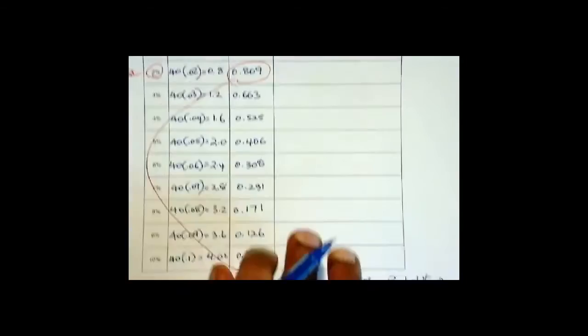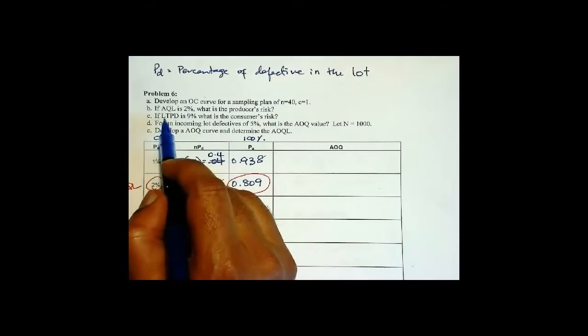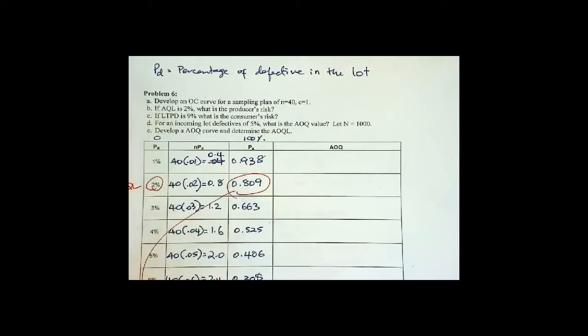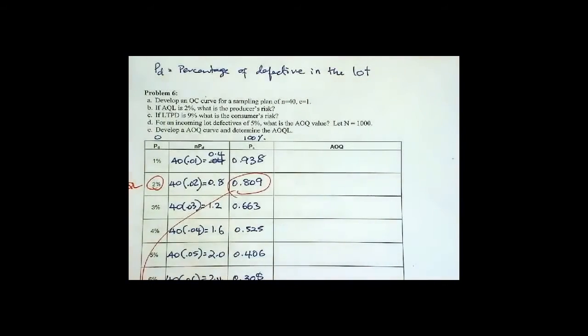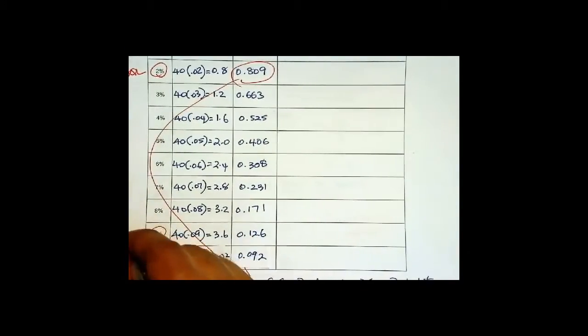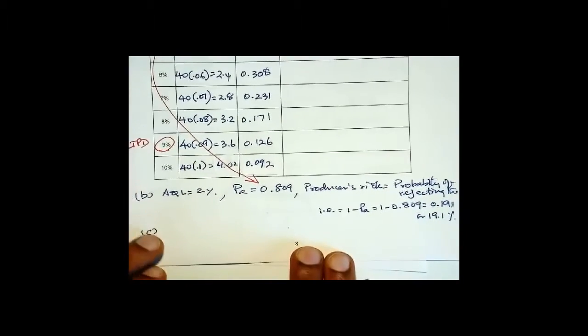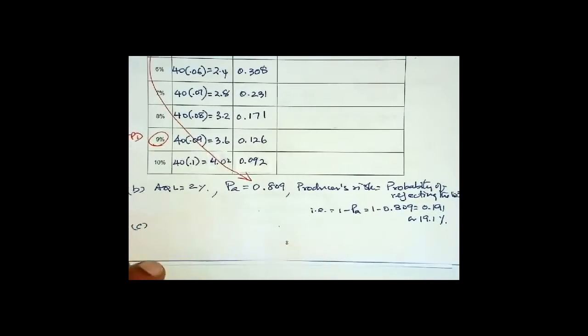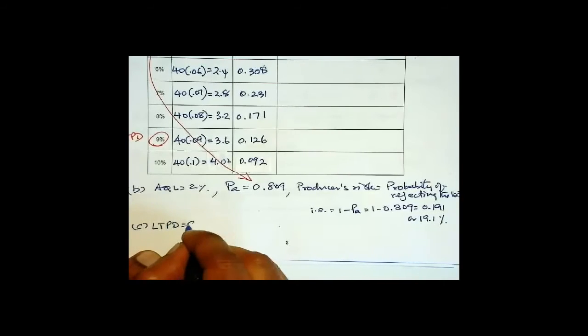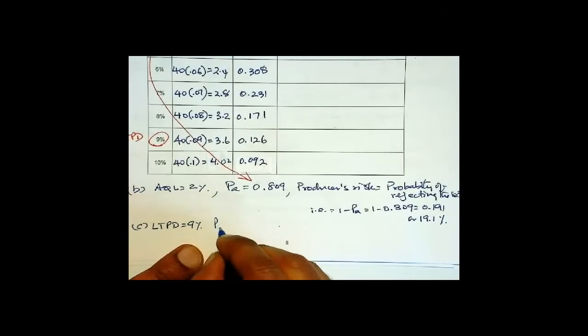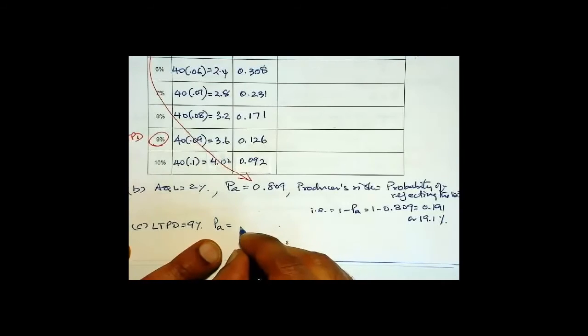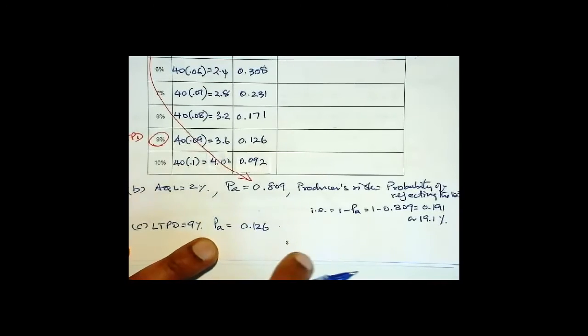And C is we want for LTPD of 9%. What is the consumer's risk? LTPD is 9%. P sub A is 0.126. Okay, so that comes straight from here.